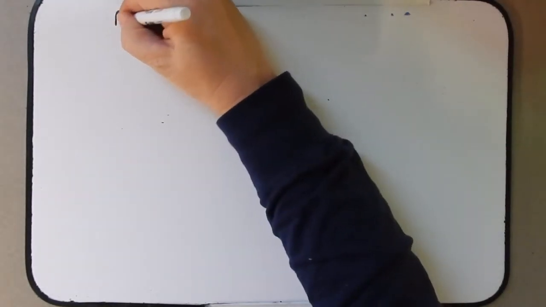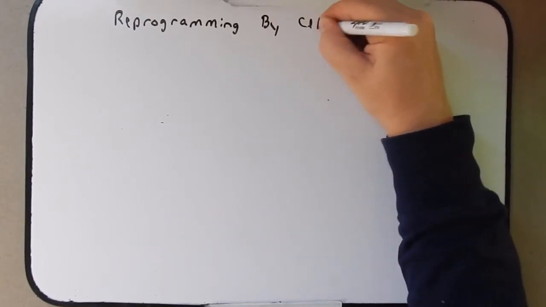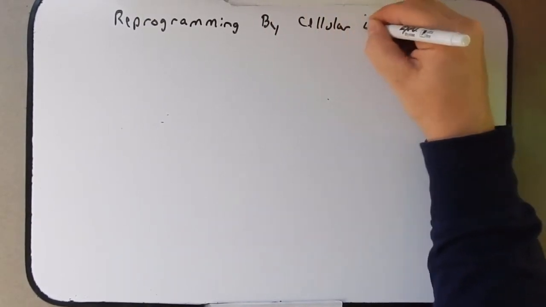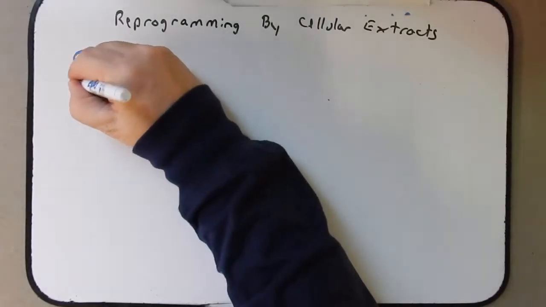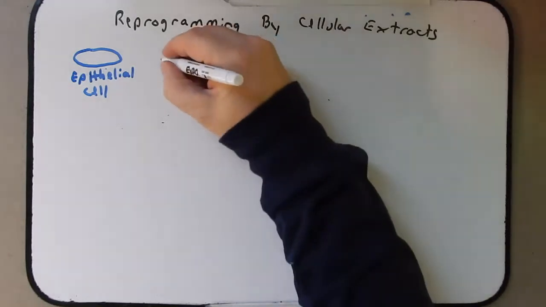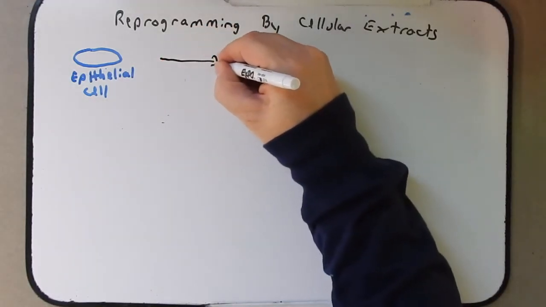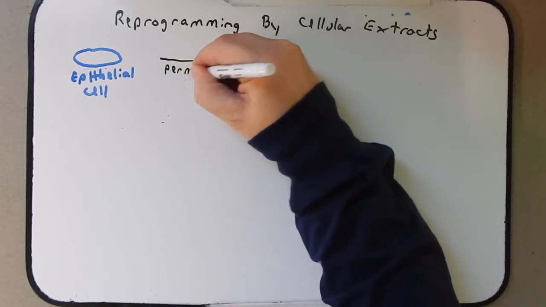Alright, so reprogramming by cellular extracts. This can be done in a variety of ways. So let's start by taking an epithelial cell. What happens first is that the cell is permeabilized.